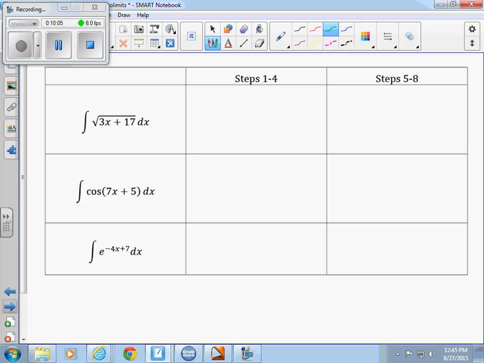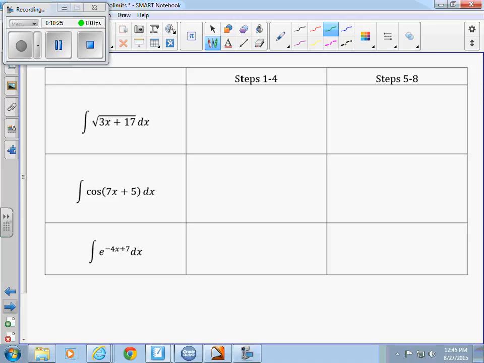I want to do a u substitution on these. How many of you, if you looked at the square root of 3x plus 17, might be able to find that integral, but you know it would be very difficult. You might be able to think it through, but it would be really hard. Agreed?